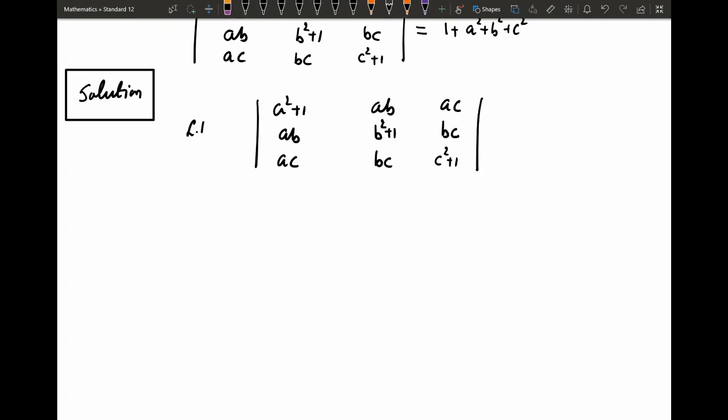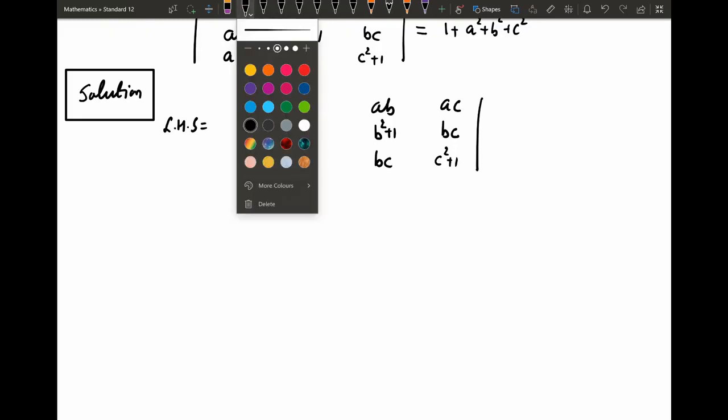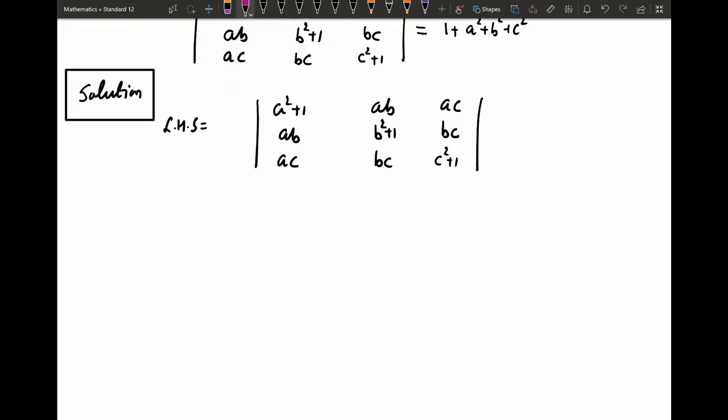Now here we will use a simple trick. First, 1 is the unit element for multiplication. So here we multiply by 1, that is ABC upon ABC. So you can observe it is 1.